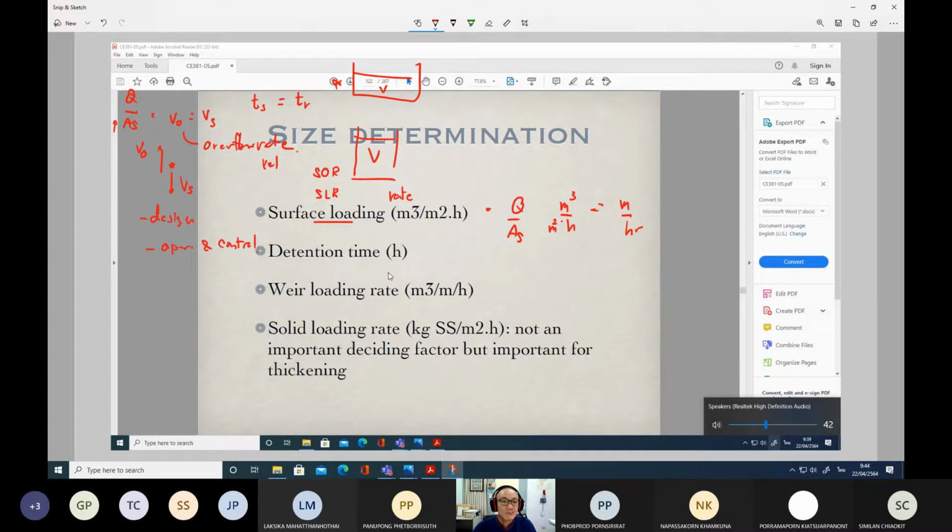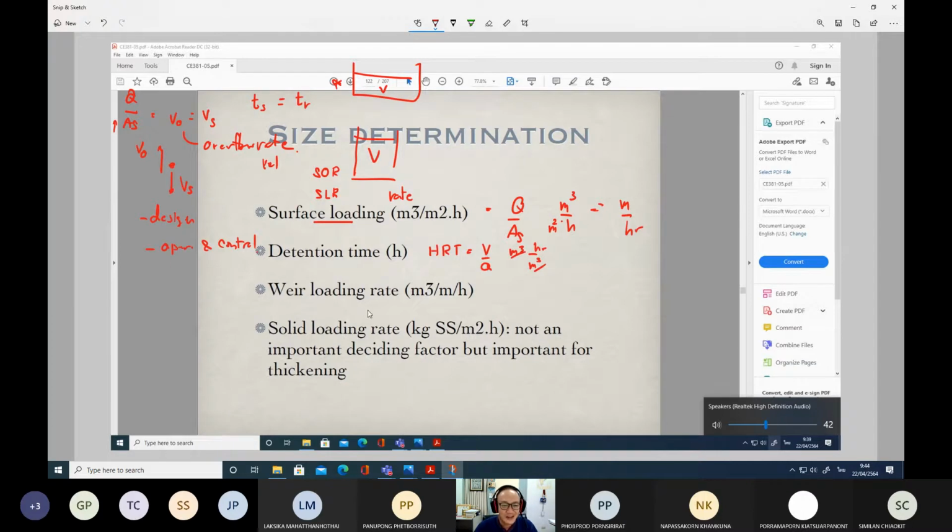For the detention time, we have been talking about this parameter several times. The detention time, sometimes called the HRT, is always equal to the volume divided by the flow rate. The volume is given in cubic meters, and the flow rate is in cubic meters per hour, so it comes out as time.